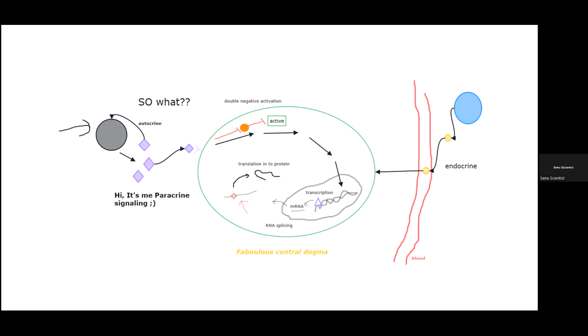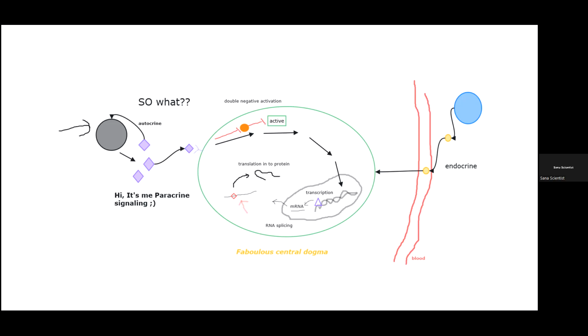As you can see, autocrine signaling is when the same ligand which is produced by the cell affects the same cell. So if it activates itself or binds to itself, then it's autocrine. And then we have the response.